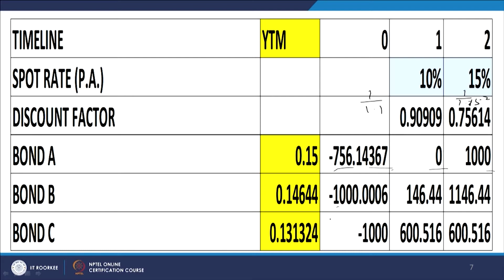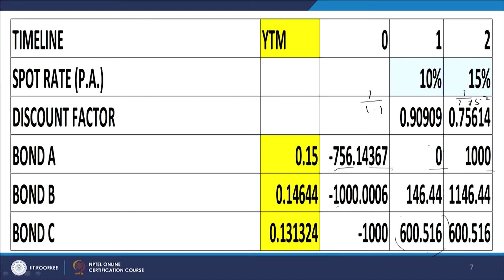And another interesting observation that emanates from this discussion is that as the intermediate cash flow increases, now here it was 0, here it was 146 and here it was 600, the YTM moves towards the shorter term interest rates, which is natural, because the weightage given to this year's cash flow increases.